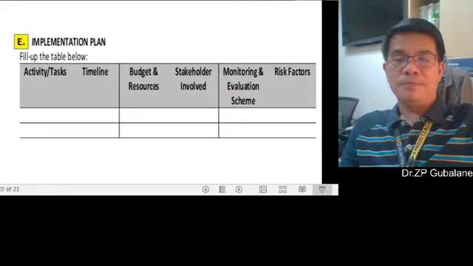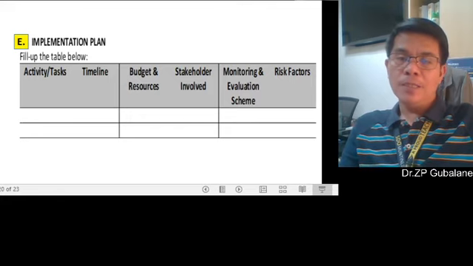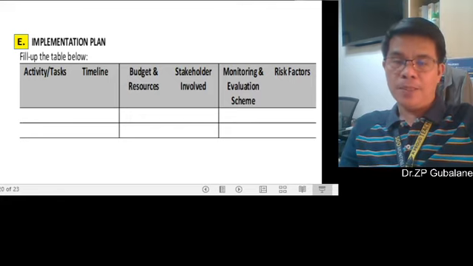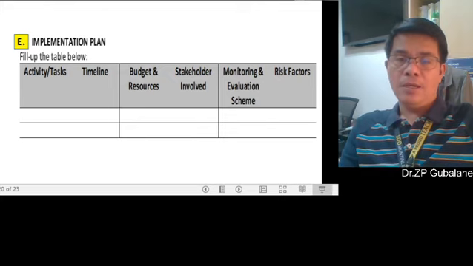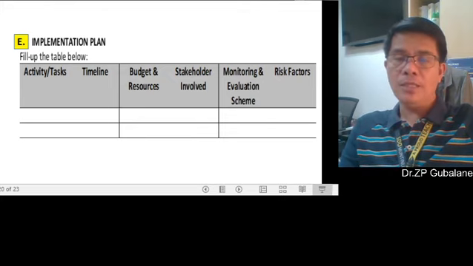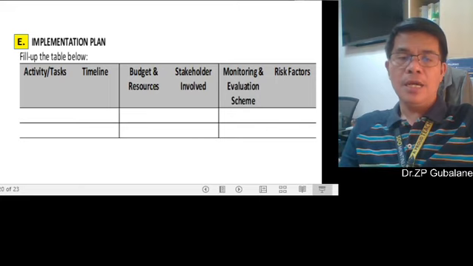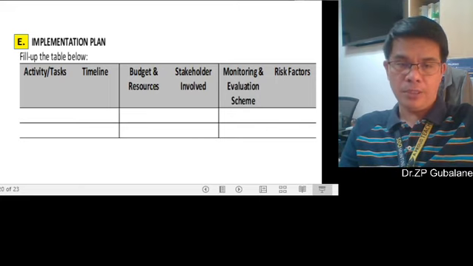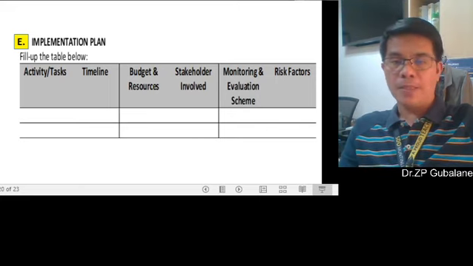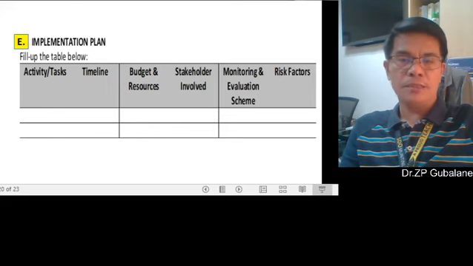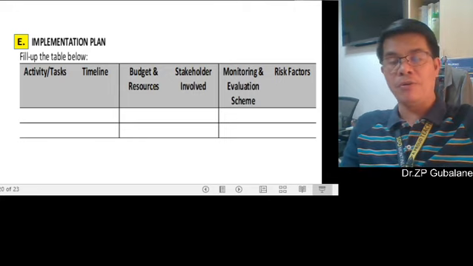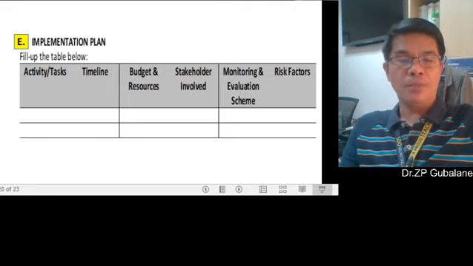Implementation plan. Now you have all the activities very clear to you already, specific activities, and now you are going to plot them in this form, maybe we call it your action plan, an improved, contextualized version of your action plan or implementation plan.